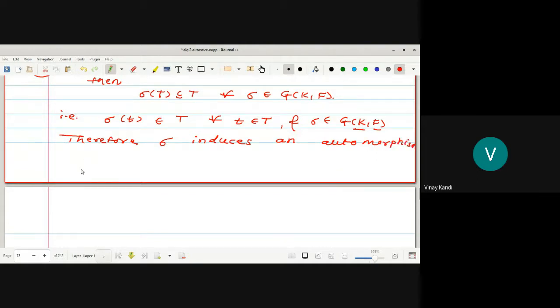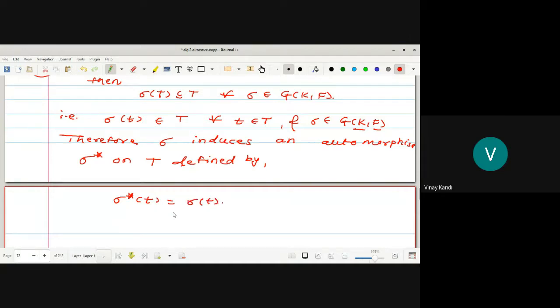The subfield T of K, defined by sigma star of t is equal to sigma of t. On the subfield T, the sigma star and sigma both are equal. So this sigma star is what? Restriction of sigma. That is, sigma is what? Continuation of that sigma star.